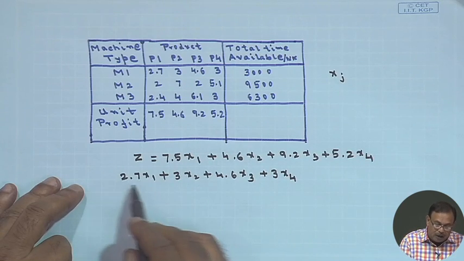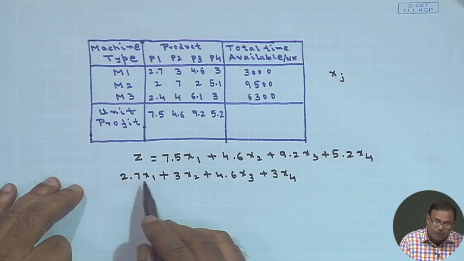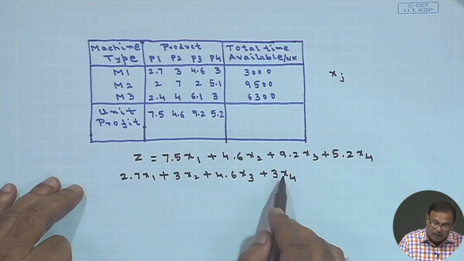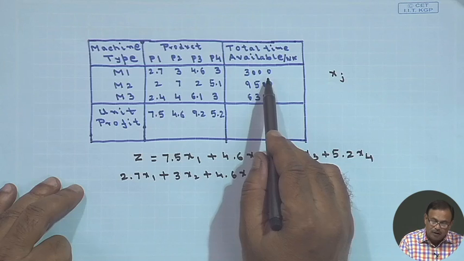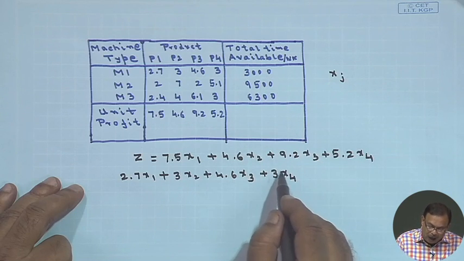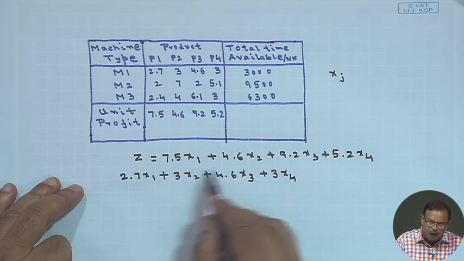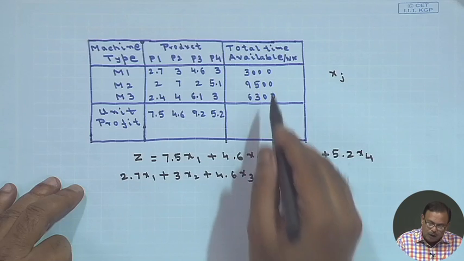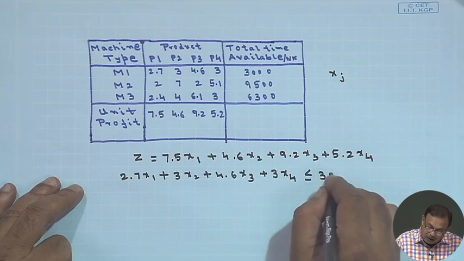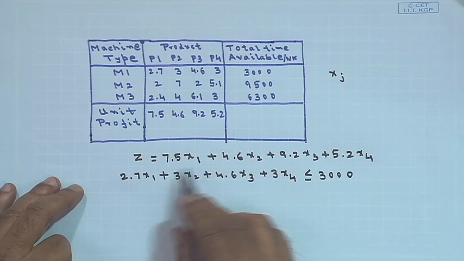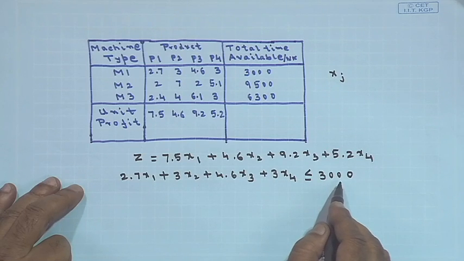This machine can produce these 4 products within the available time limit of 3000. So it should be less than or equal to 3000. That means the total time cannot exceed 3000 units of time.